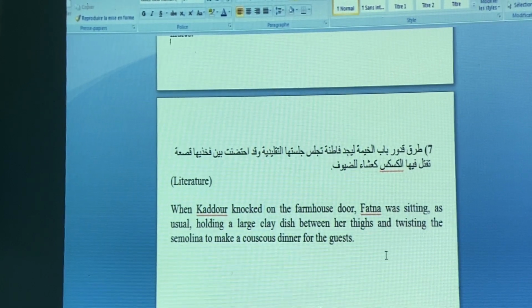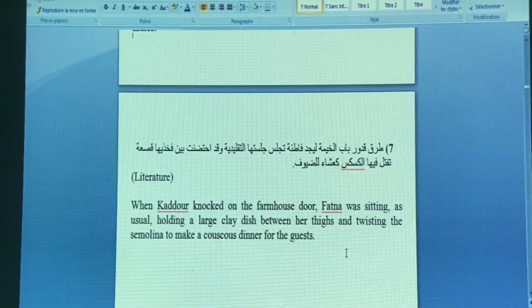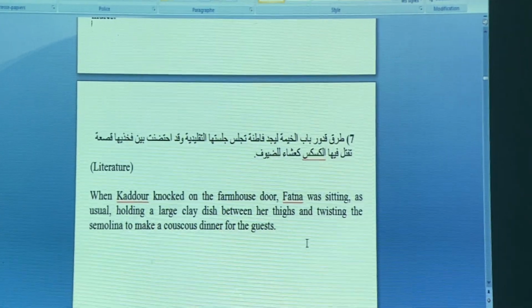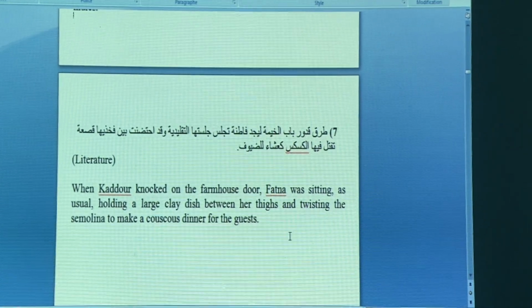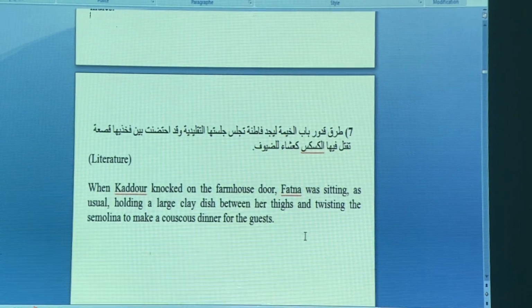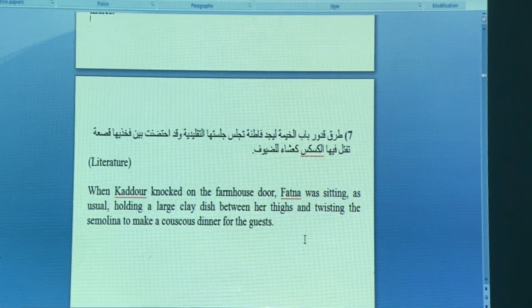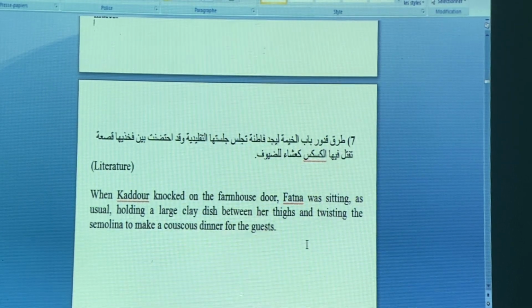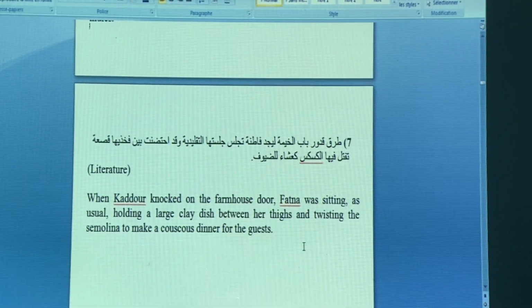This sentence is taken from a novel by Abdelkarim Ghallab, who is a Moroccan writer, and the novel is called دفن الماضي. When Qaddour knocked on the farmhouse door, Fatna was sitting as usual. Now if you look at the sentence, ليجد فاطمة تجلس جلستها التقليدية.